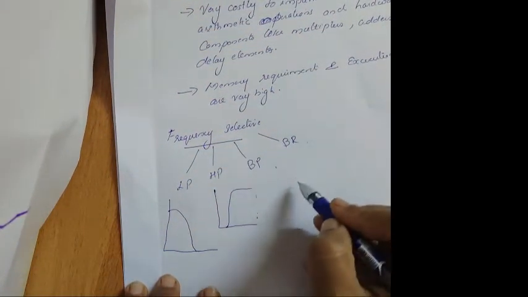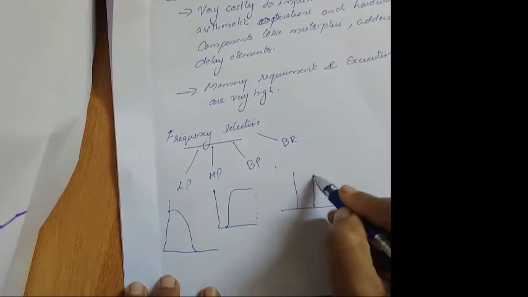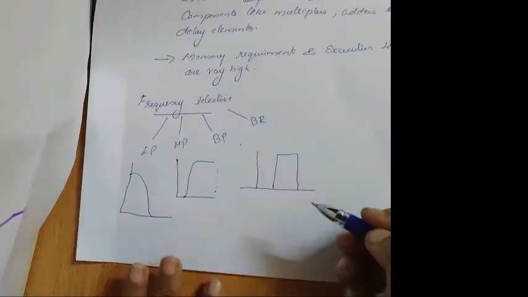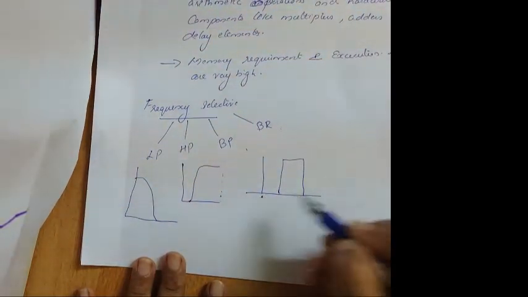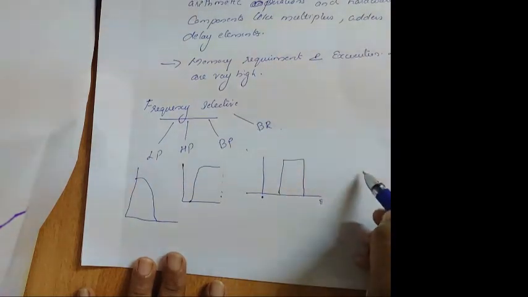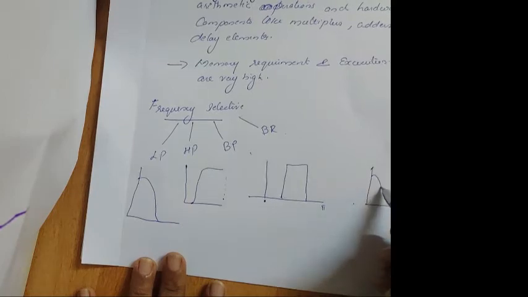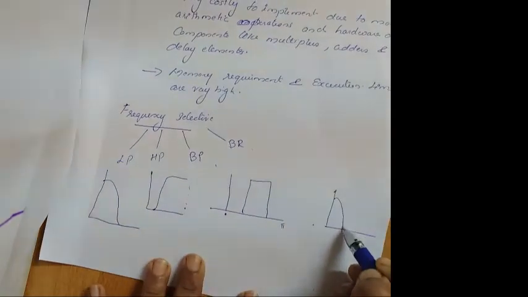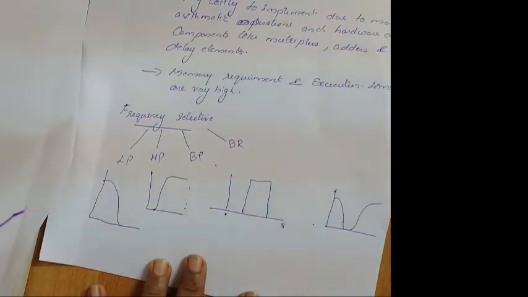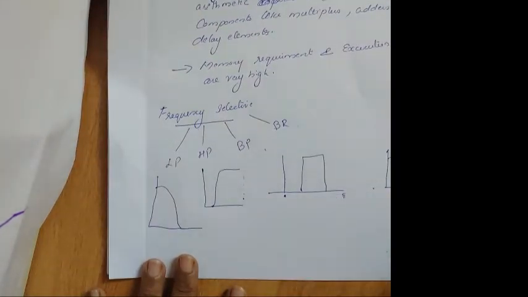A band pass filter is nothing but it will be in between the terms. That means it won't be 0 and it won't be pi. And a band reject filter is nothing but a low pass filter as well as a high pass filter. So these are the basic things that we know about filters.